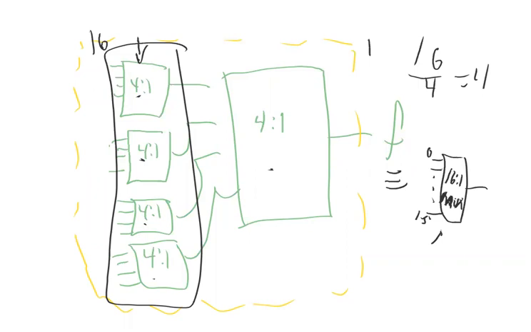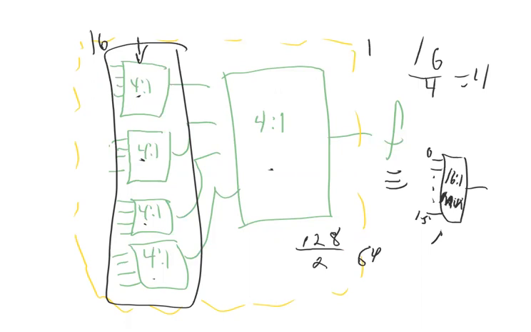I can make big multiplexers from little multiplexers. That's the message. In fact, suppose these were 2-to-1 multiplexers, and I wanted to build a 128-to-1. So I have 128 divided by 2 inputs means I have to have 64 multiplexers.